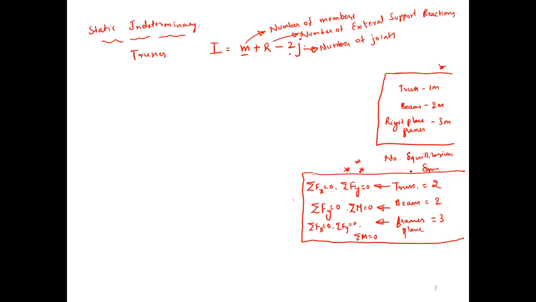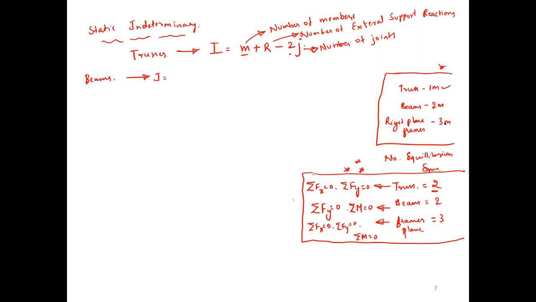So now, with the help of these, we are arriving at the equation for truss: I equals m plus r minus 2j. Similarly, what is the equation for beams?